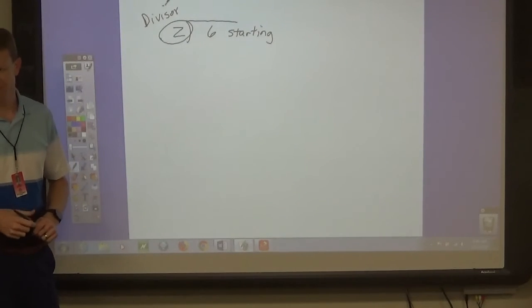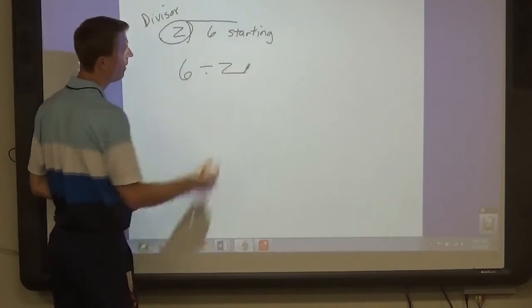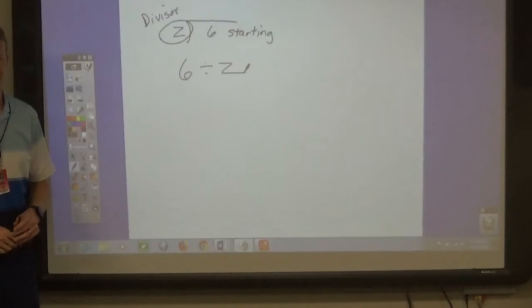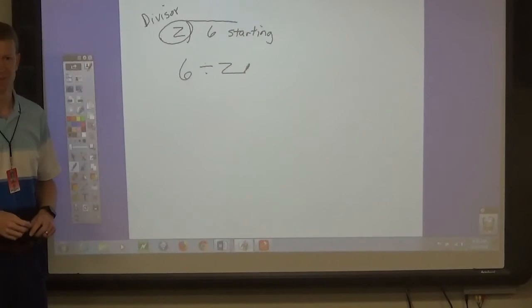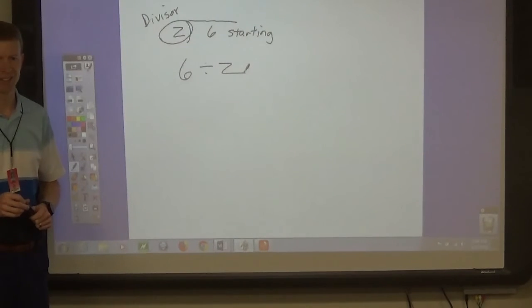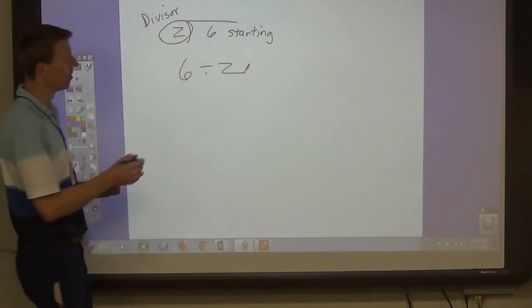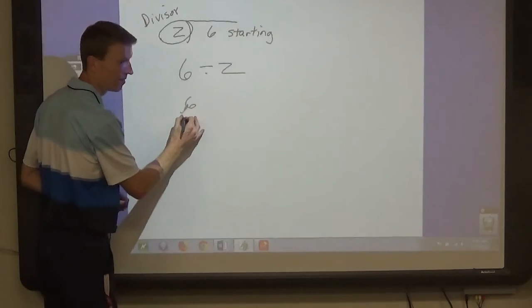What's another way to write division? Tate? 2 dots on a line. 6 divided by z. Another one. Okay, just wait, I'll get to you. There's another symbol for it. Oh, it's a line.